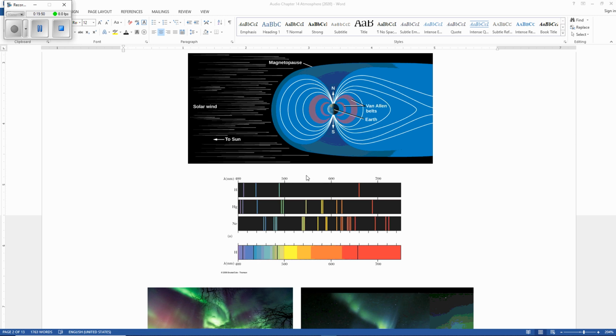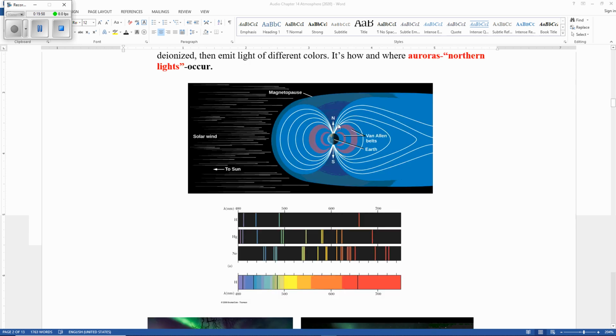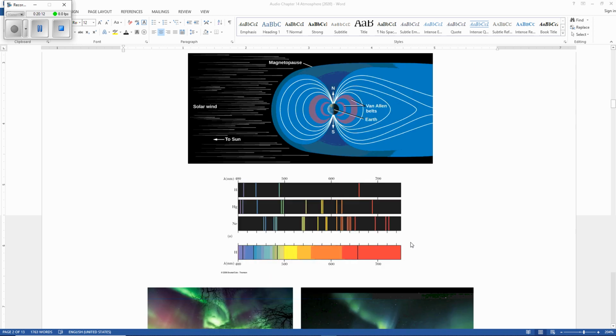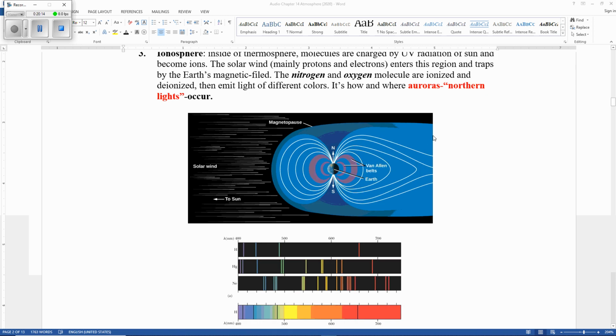I don't have oxygen and nitrogen here, but anyway, these molecules, mostly the nitrogen and oxygen, are going to lose electrons, catch electrons, then give off all different colors of light because of energy change. So that's the reason for auroras.